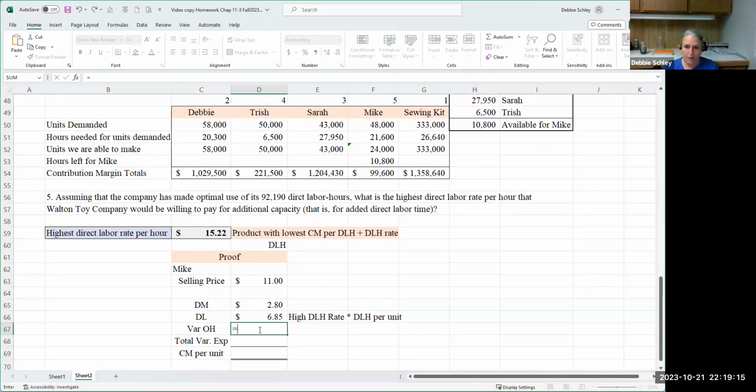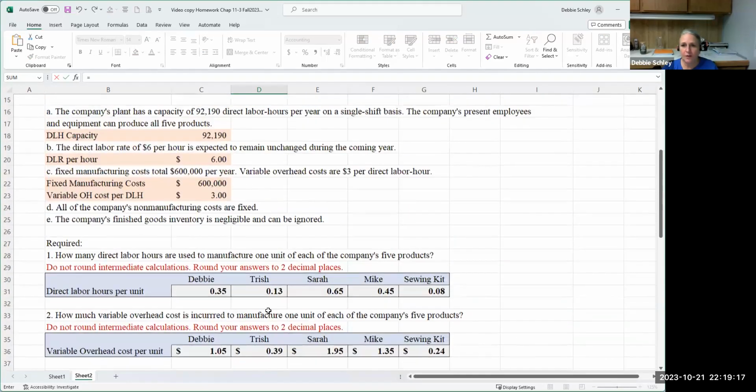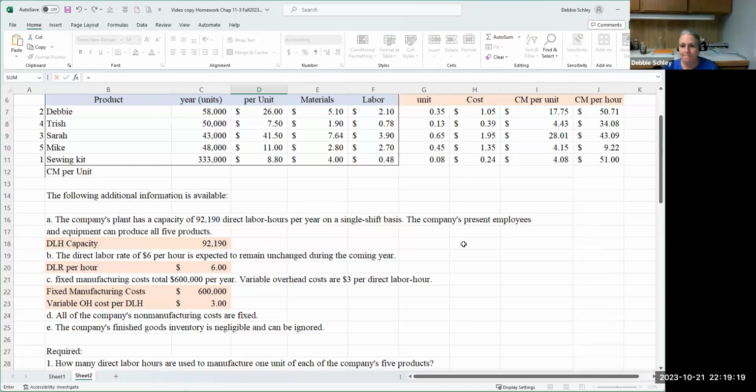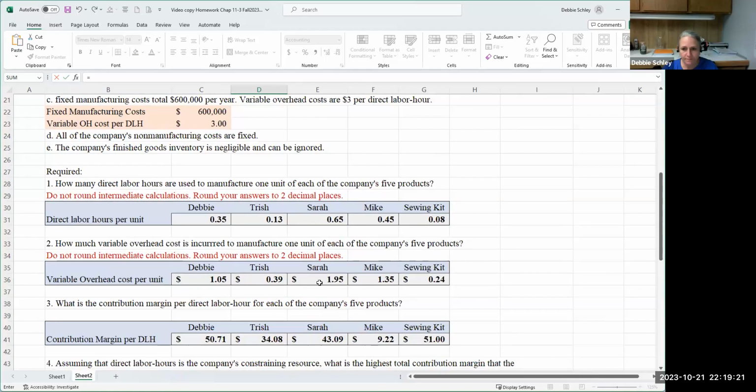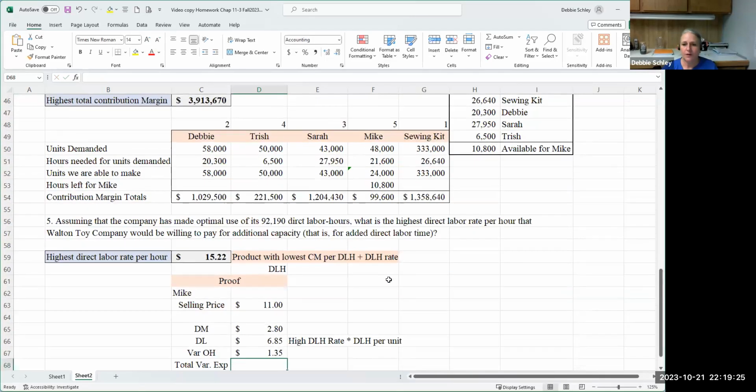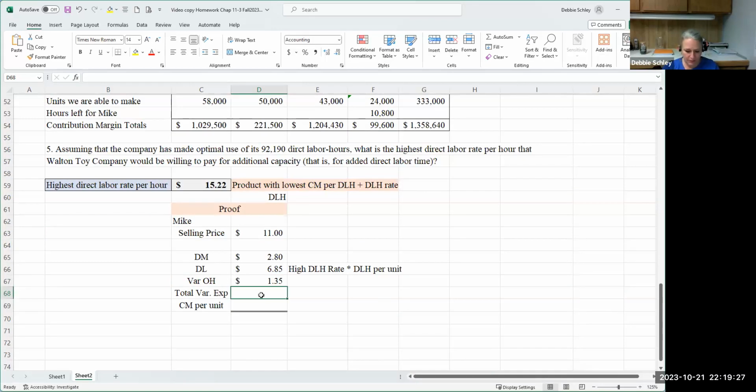And then my variable overhead per unit for Mike was, oh, what was that? Right there, required 2. Okay, so my variable expenses, I'm going to add those 3 up.